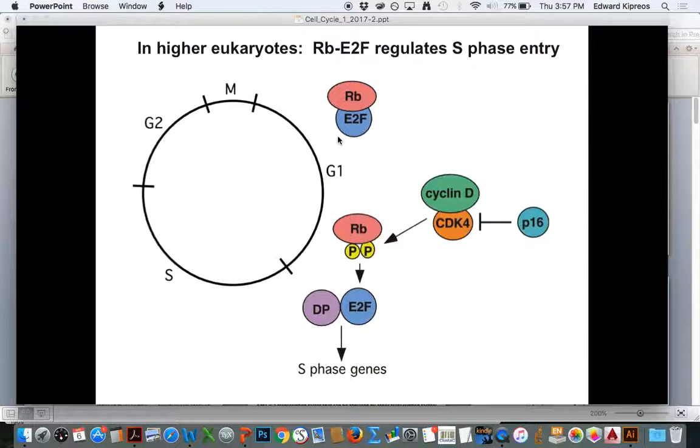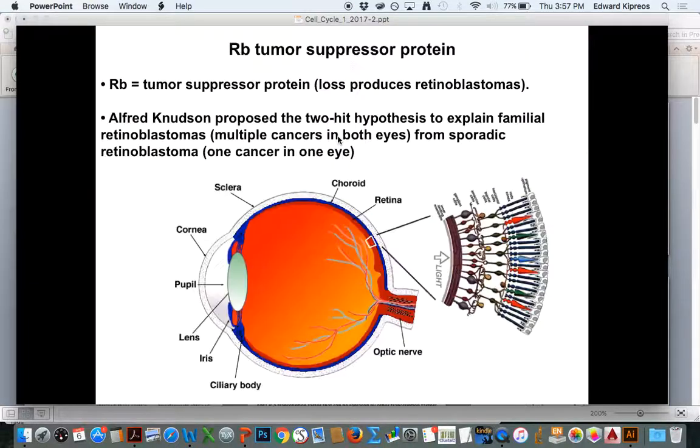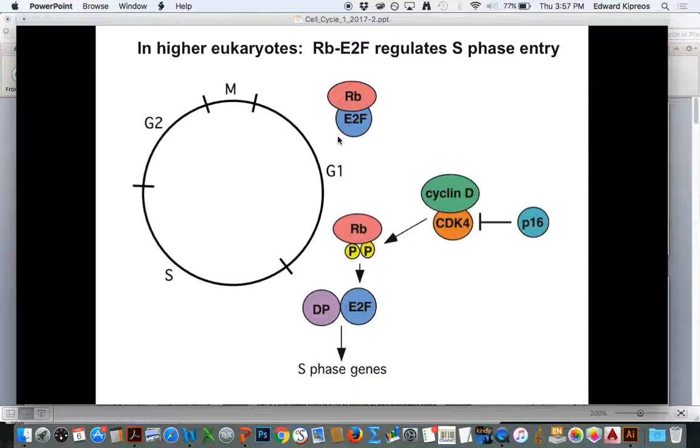And you can get those cells that lack RB because if you make a cell line from the retinoblastoma knockout, there's cancer. You can just take those cancer cells and start growing them. Well, they lack RB, right? So they don't have this checkpoint. They're going to go into S phase regardless of whether they're supposed to or not.